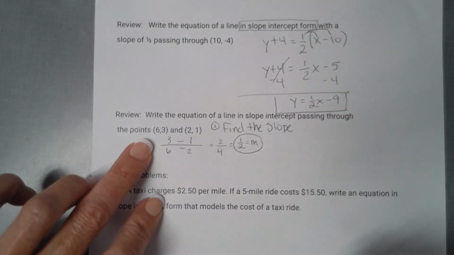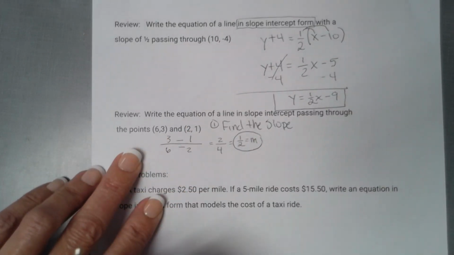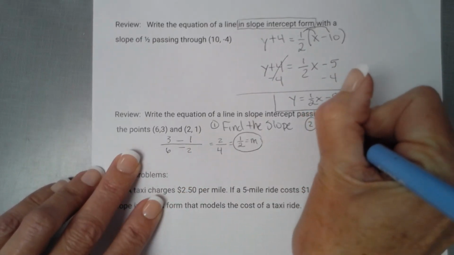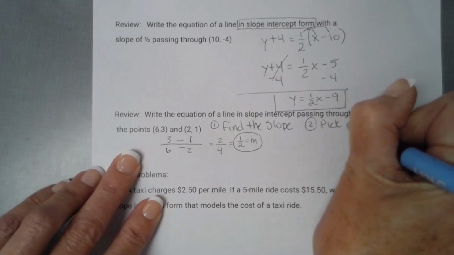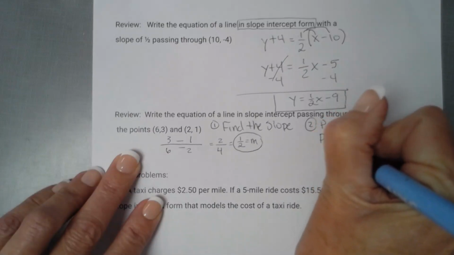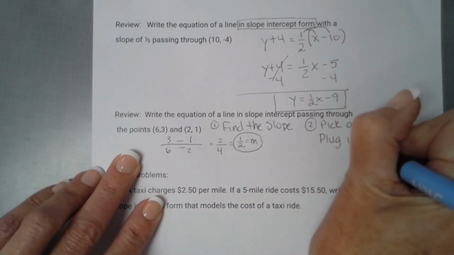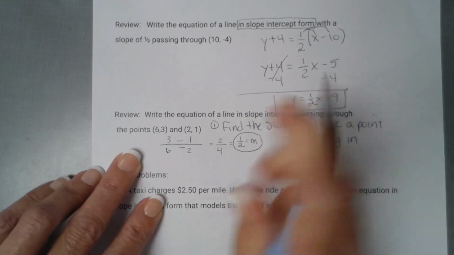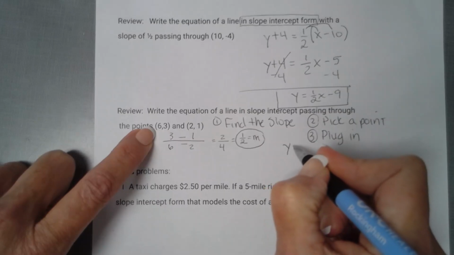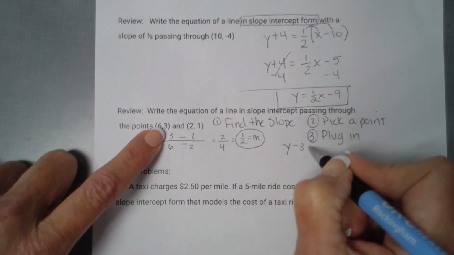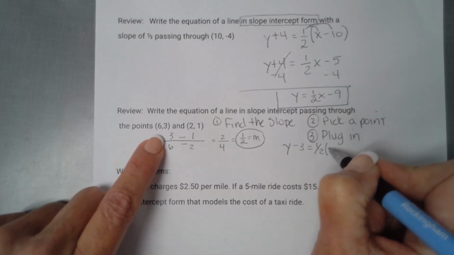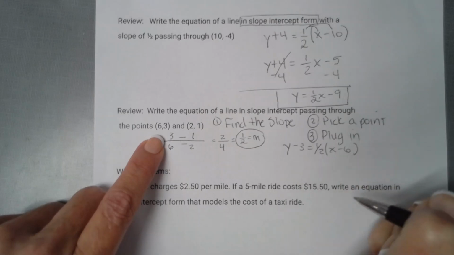And now we can pick either one of these points to plug in, not both. So let's write that down. You're going to pick a point and you're going to plug in. So I'm just going to use this one here. So this is y minus 3 equals, the slope we found, 1/2, times x minus 6.